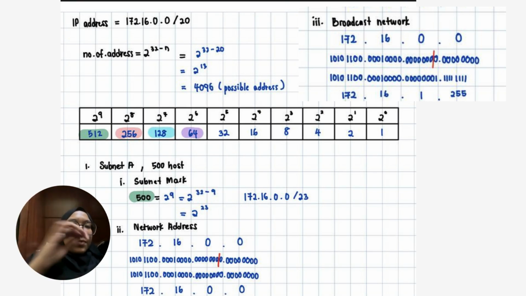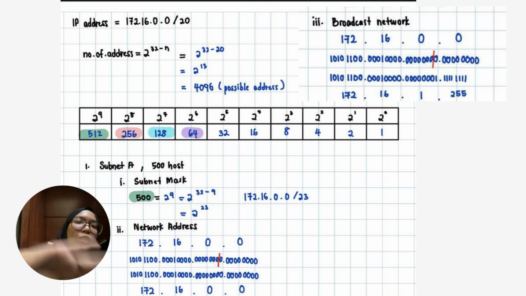For the network address, we start with the IP address 172.16.0.0. We need to keep the first 23 bits the same, and the remaining bits we change to 0.